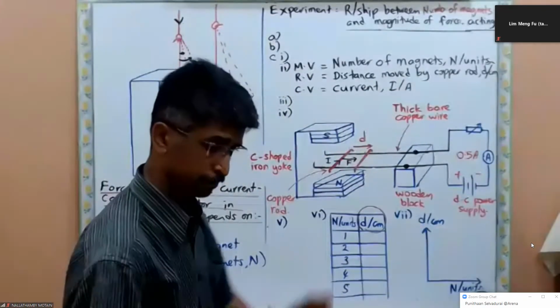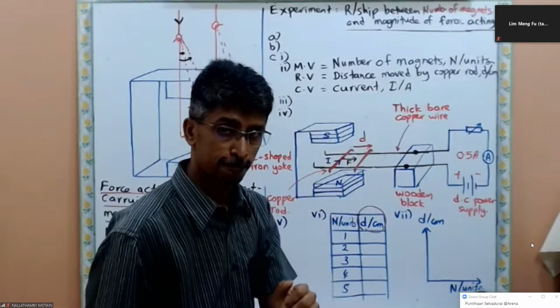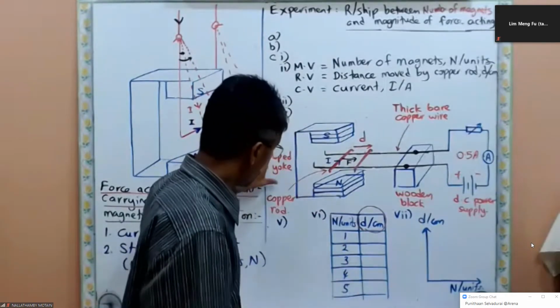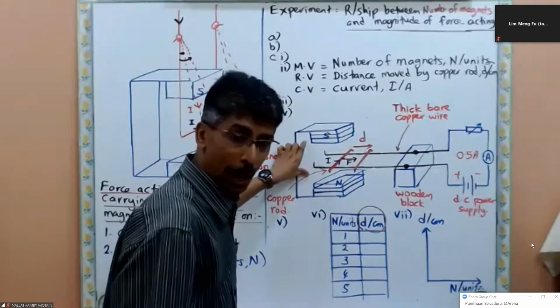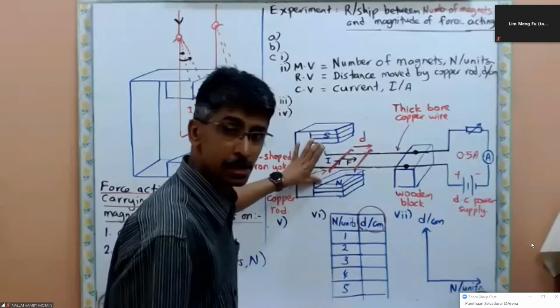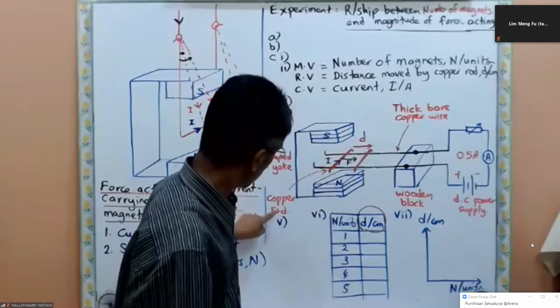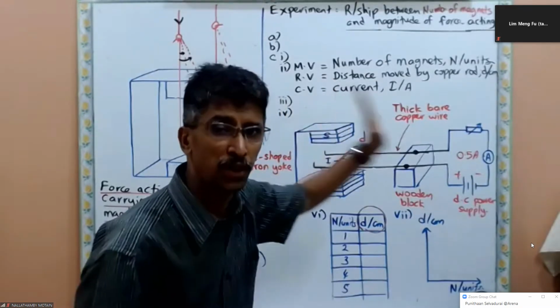Then switch off the circuit. Place one pair of magnets in between the copper rod as shown in the figure above.